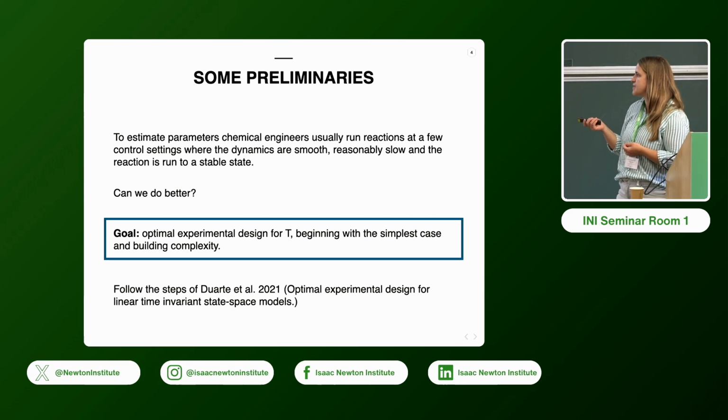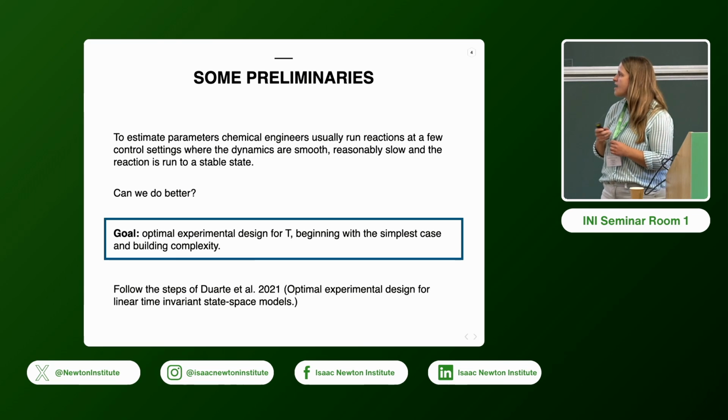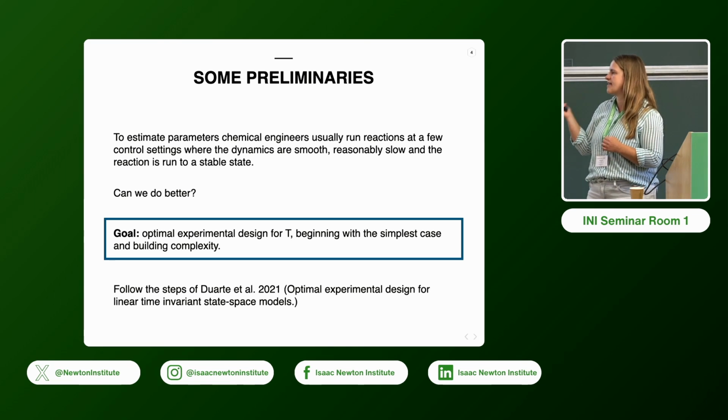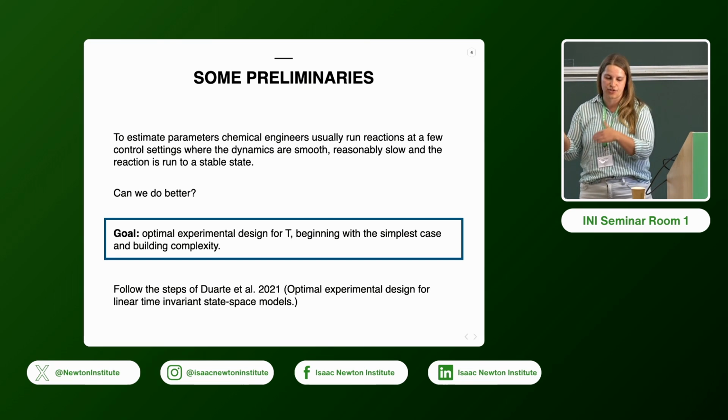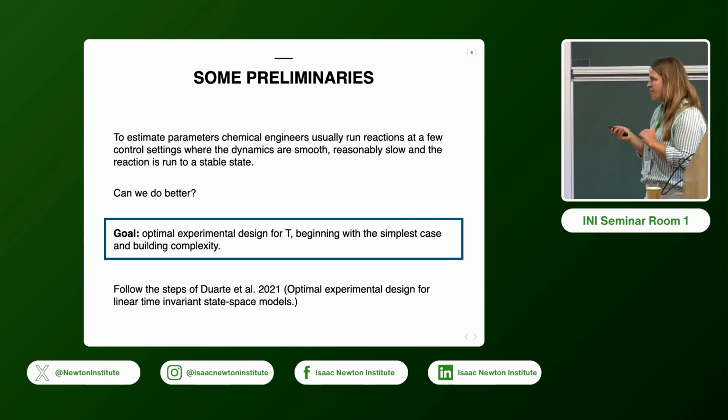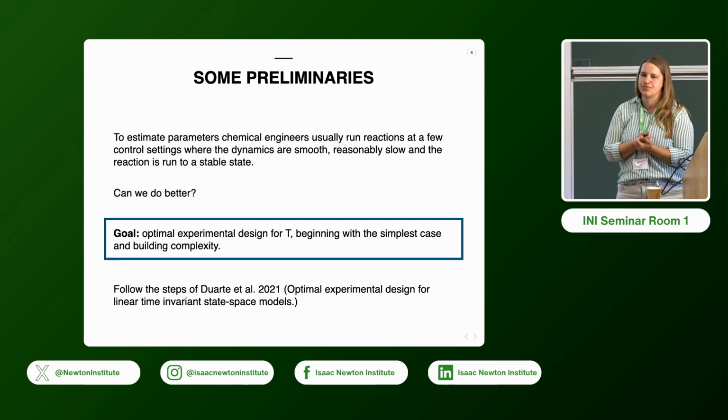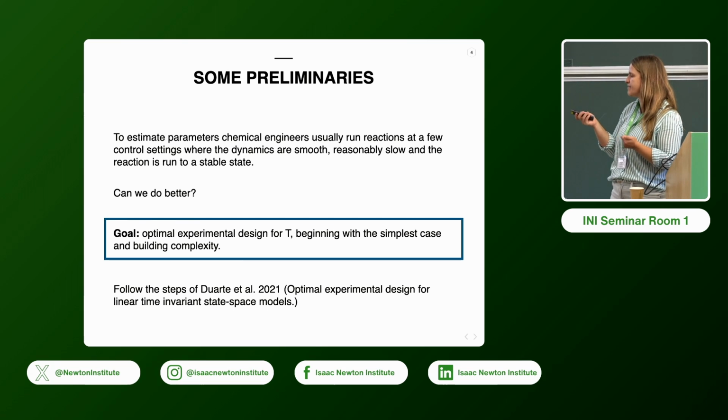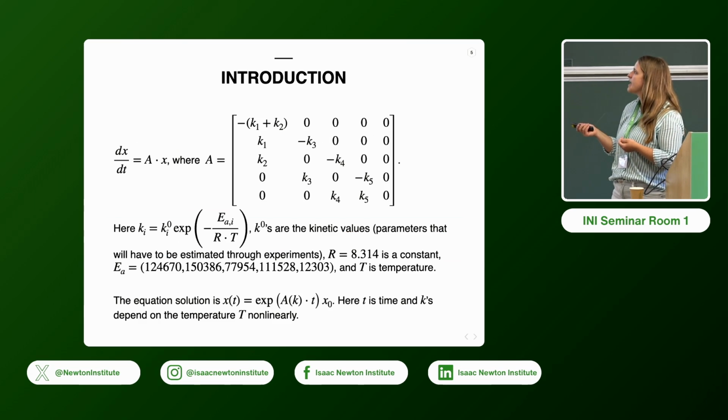We started with this paper by Duarte et al., and they've done some optimal experimental design for linear, time-invariant state space models. I'm going to show in a second that ours is not linear in the controls, and therefore we can't use some clever linear algebra tricks that they've used in theirs. And we also want to be Bayesian. They haven't done the Bayesian bit.